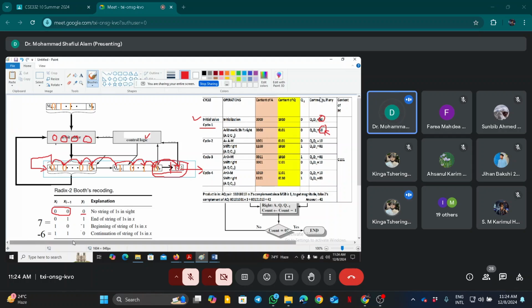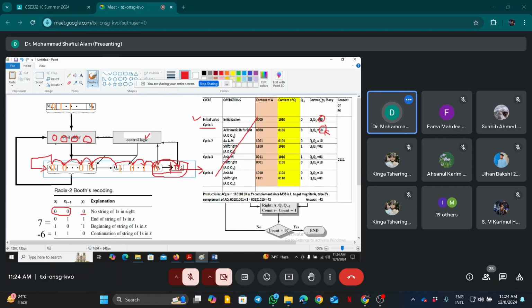We always shift, but either we add, or we subtract, or we don't do any addition or subtraction in case of 0 0 and in case of 1 1. You will find this in this table.